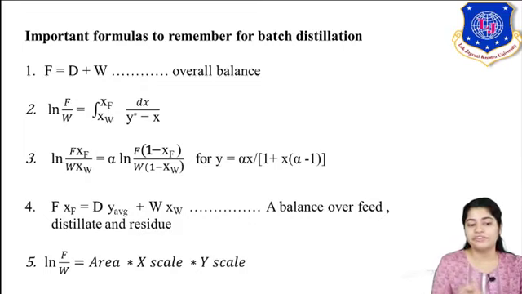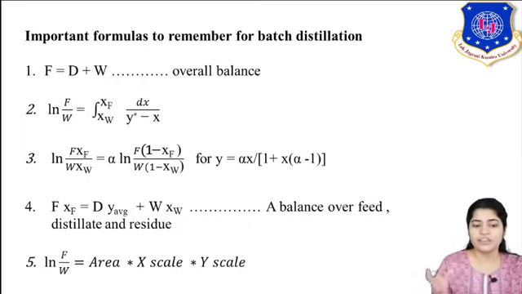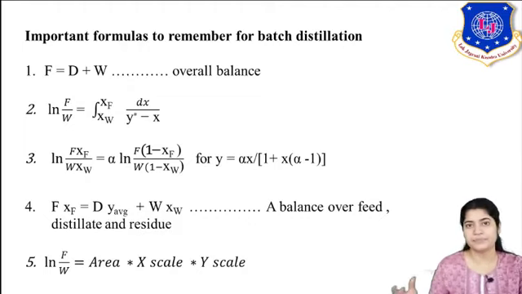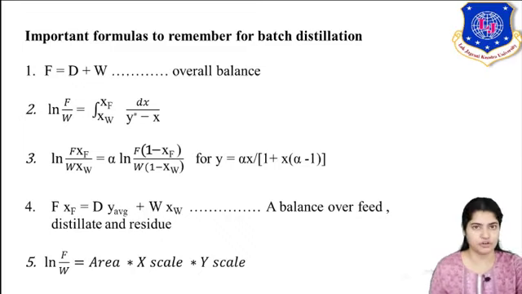Now, y star is the equilibrium vapor composition. If I am using a relation of relative volatility and vapor phase mole fraction y, and I am solving the integration, then I get the third formula. You must be thorough with it.